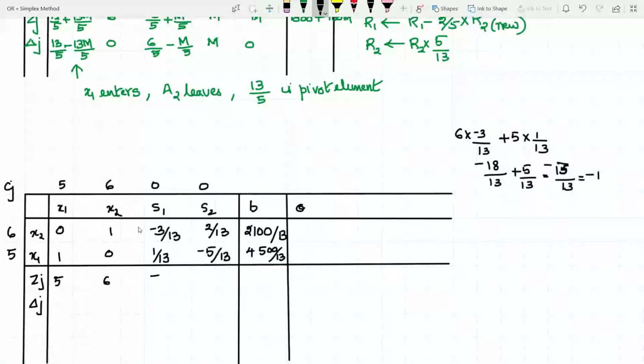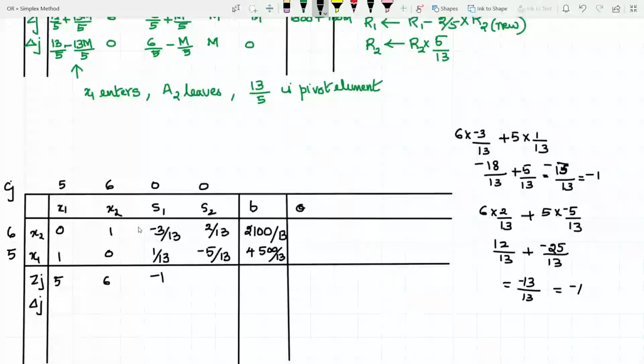Next, 6 into 2 by 13 plus 5 into minus 5 by 13, which is equal to 12 by 13 plus minus 25 by 13, which is equal to minus 13 by 13. Again, you get minus 1.